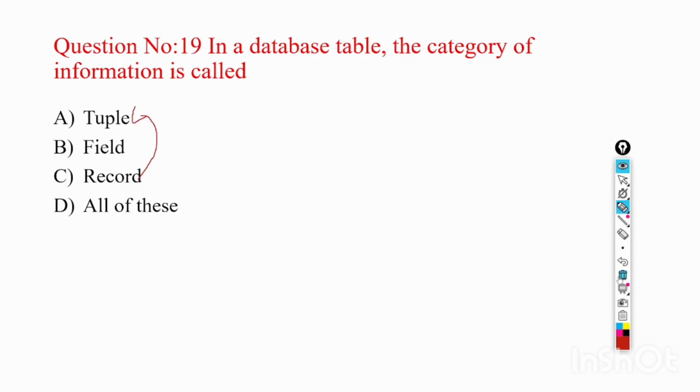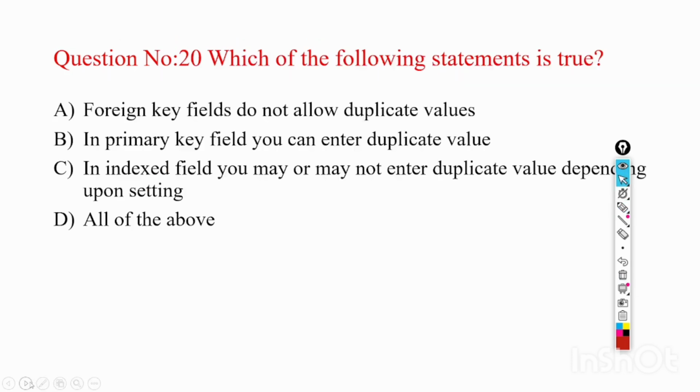Roll number is nothing but one field. Name is nothing but one field. A real-time example: in a bank database, account number is one field and customer name is one field. Like that, there are different columns, and the different column values we call fields.